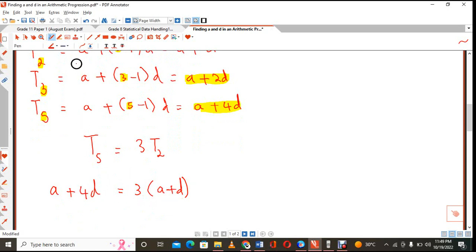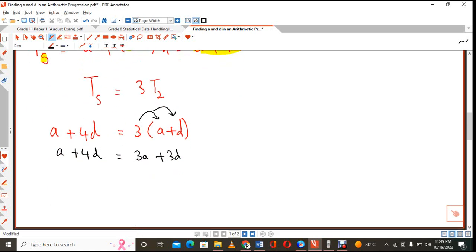Okay, so let me just clean this equation up. Let everything equal 0, because I want my A's and my D's on one side. So that's 3A plus 3D, and if I continue, I'm going to get 0 equals 3A, and if I bring over the other A, I'm going to subtract A. You agree?